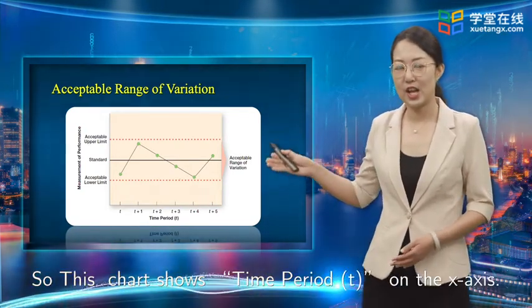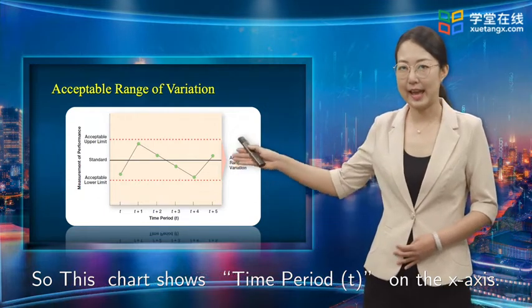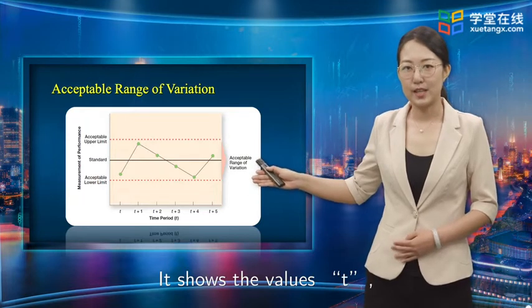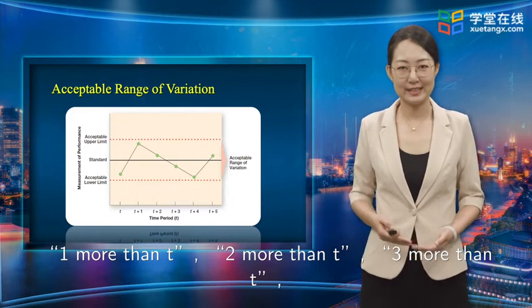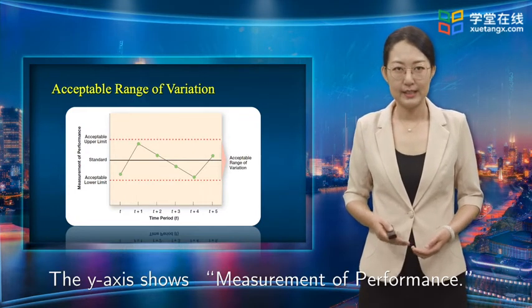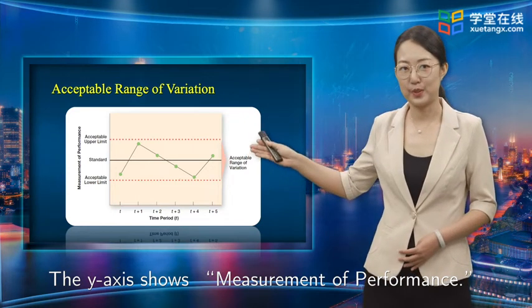So this chart shows time period on the x-axis. It shows the values t, t plus 1, t plus 2, t plus 3, t plus 4, and t plus 5. The y-axis shows measurement of performance.